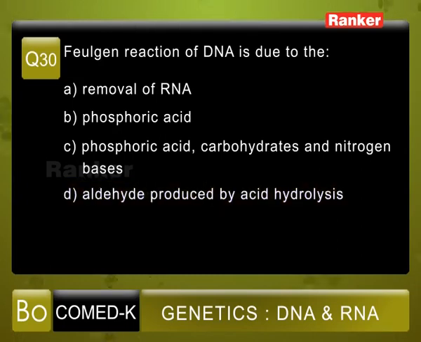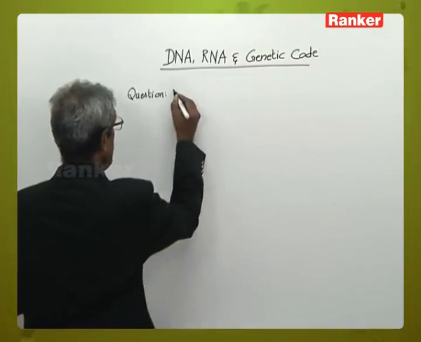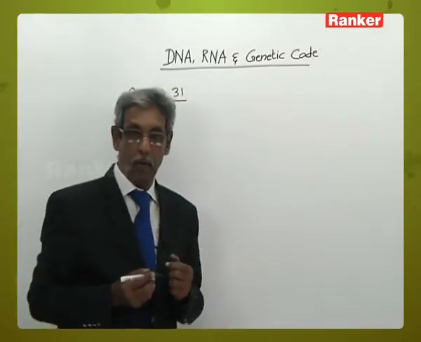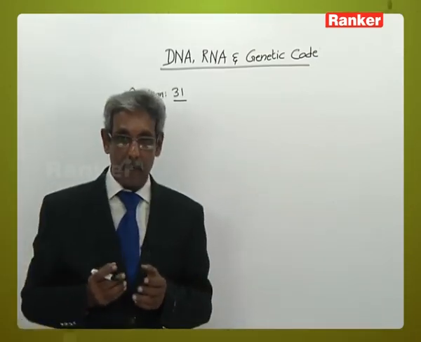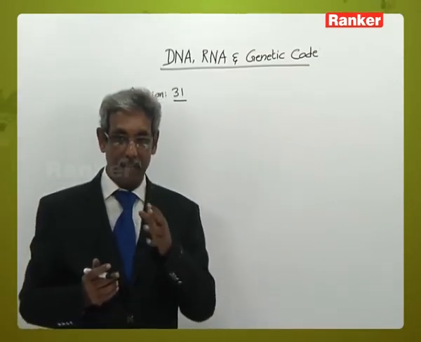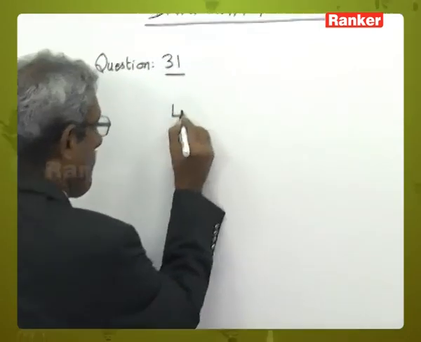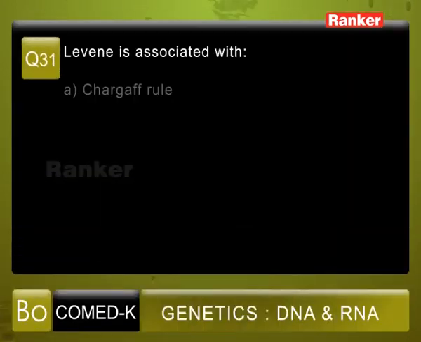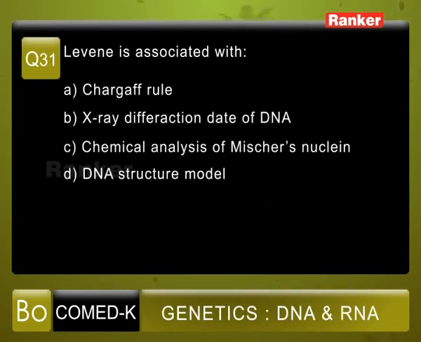Answer is D. Now we are going to question number 31. Question number 31 asks, what is the contribution of Levene? Levene is associated with Chargaff's rule, X-ray diffraction data of DNA, chemical analysis of Miescher's nuclein, or DNA structural model.